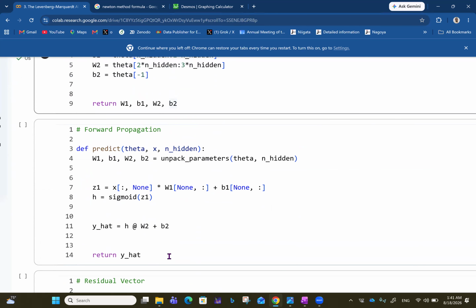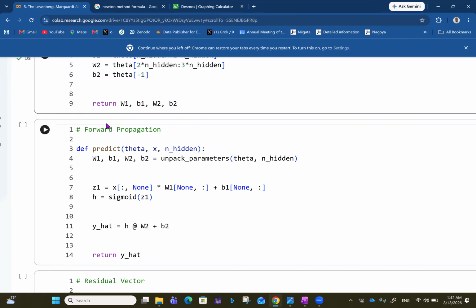Then we can also have forward propagation. If you want to understand the whole idea of forward and back propagation, you can check the mathematics of artificial intelligence playlist. Forward propagation is what helps to make one prediction, while back propagation is what helps to correct errors, to improve the error correction, to reduce the loss overall.